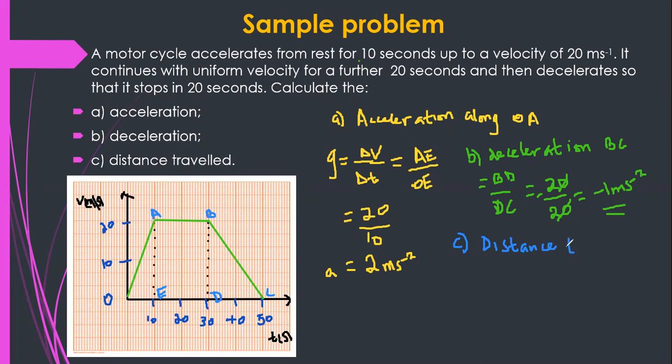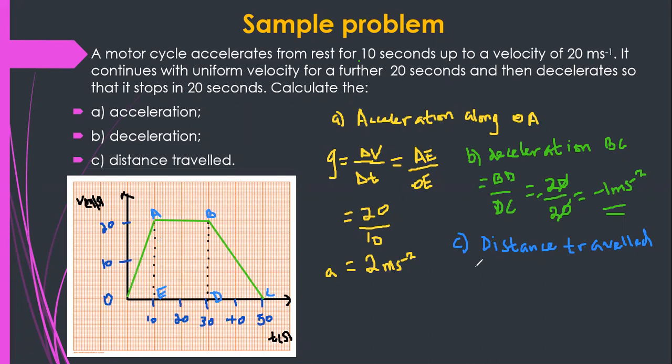Total distance traveled is the area of the trapezium, but if the question says distance traveled along OA, it is just going to be the area of this triangle OAE.